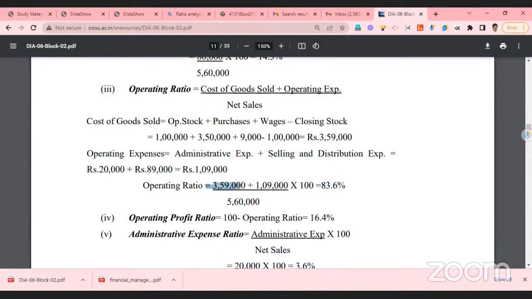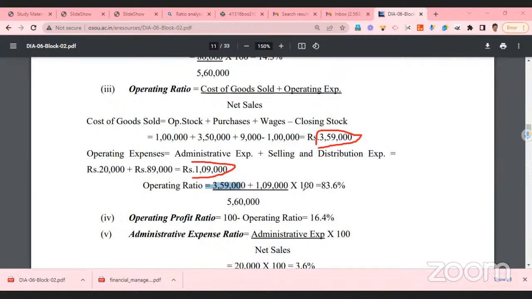Now, what is the operating ratio? 3,59,000 is the cost of goods sold, plus operating expenses of 1,09,000.